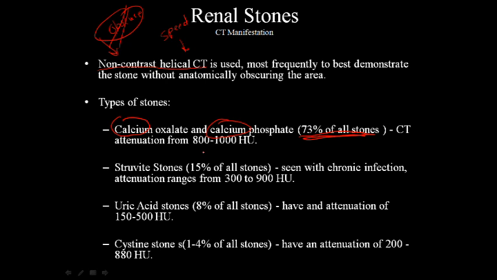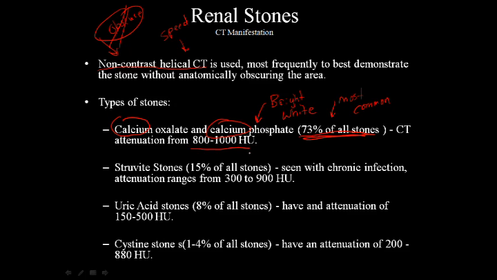CT attenuation is going to be the most for this type of stone, being around 800 to 1,000 Hounsfield units. So the thing that you want to keep here is that they're going to be bright white, more so than all the other stones because of the amount of calcium that they have in it. And notice that this is the most common. And so typically that is going to be what you're going to see.